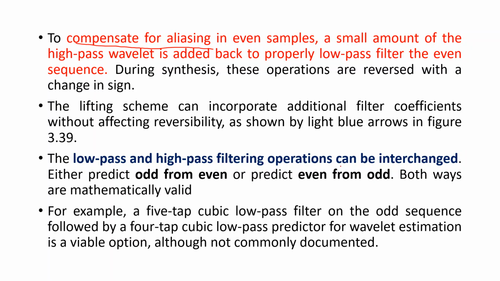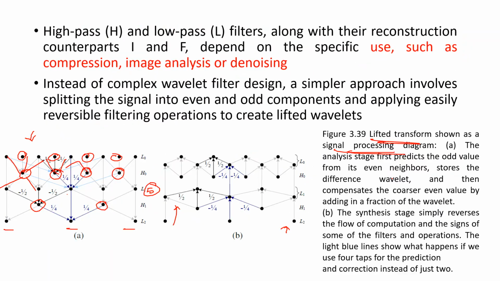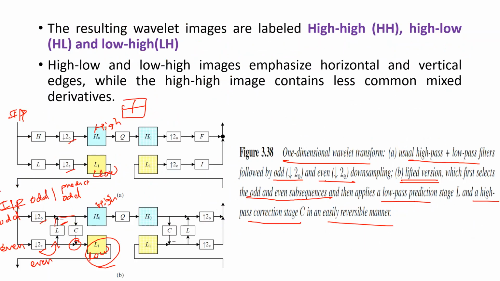And the low pass filter and high pass filter operations can be interchanged, which means previously we used the even to predict the odd, right? So both operations can be interchanged. We can predict even from odd also. First we can perform C and then we can perform L. So we can use the odd sample to predict the even.